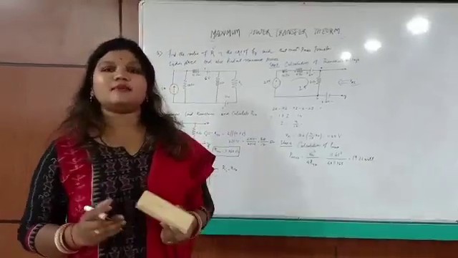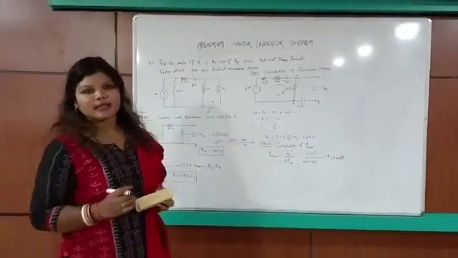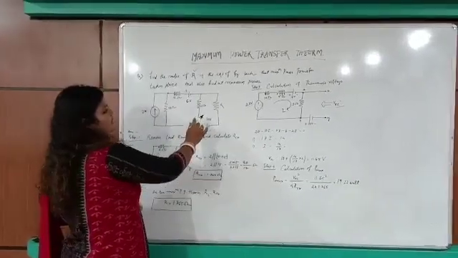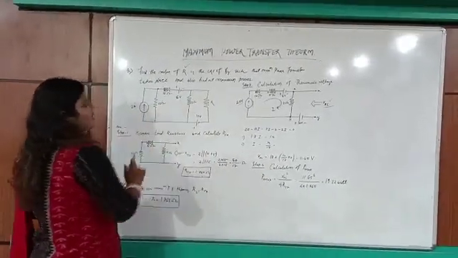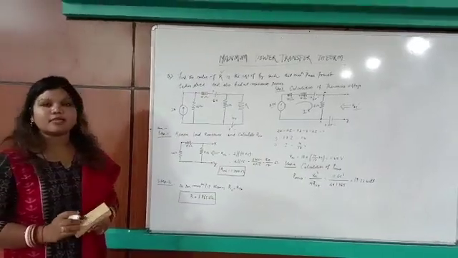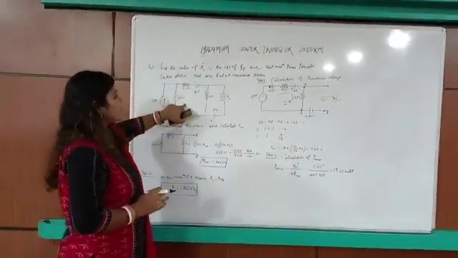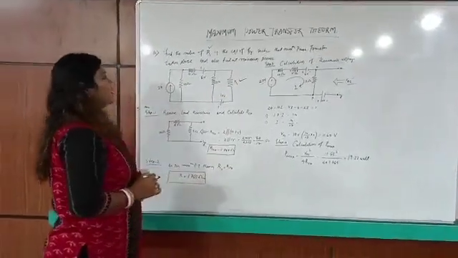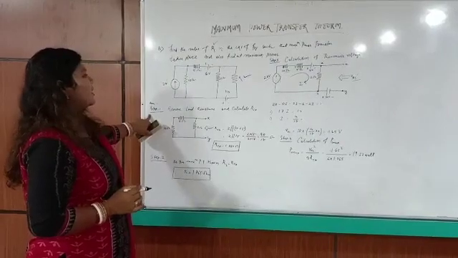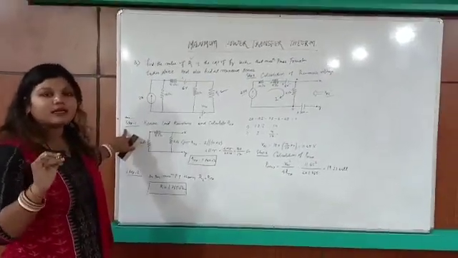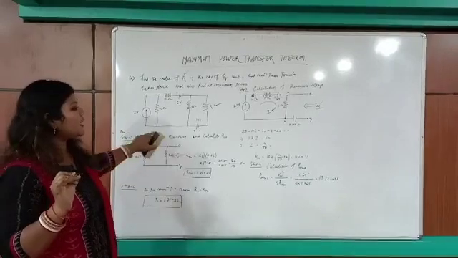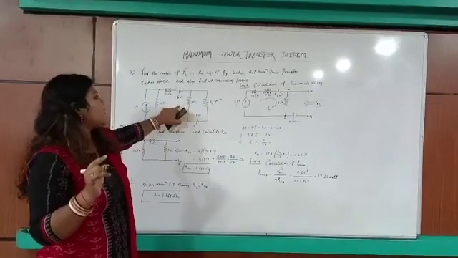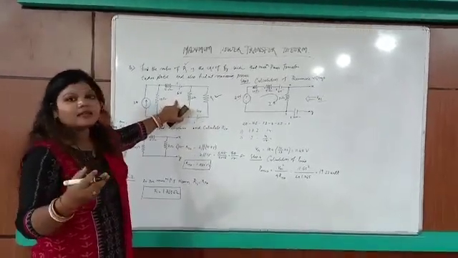Let us understand this theorem using an example. Here the question is, find the value of R in the circuit of the figure such that maximum power transfer takes place, and also find the value of maximum power. In this circuit, the load resistance is R. For step 1, we remove the load resistance and calculate Thevenin's resistance by deactivating the sources.